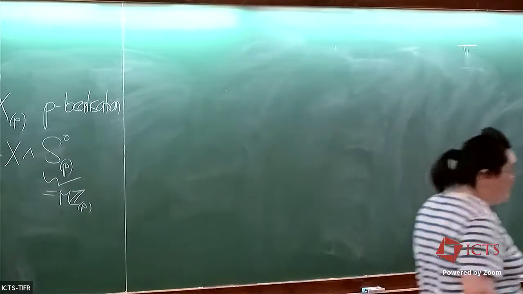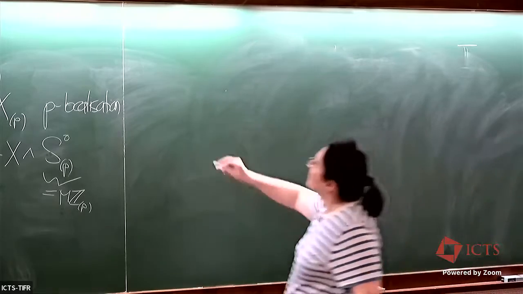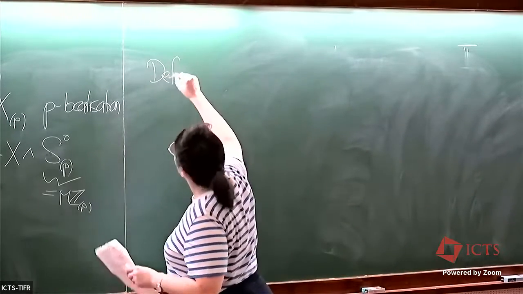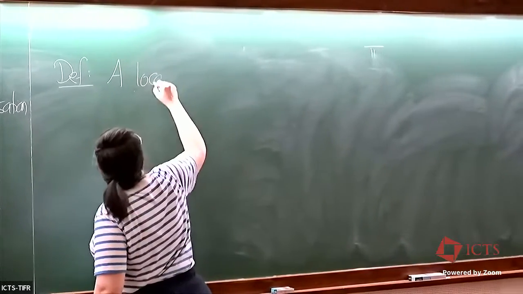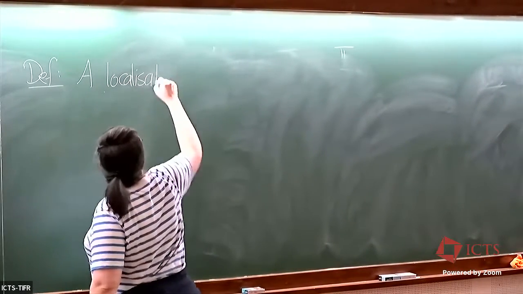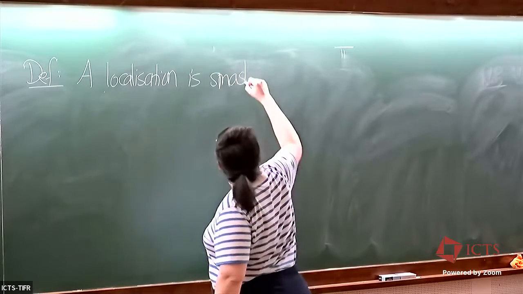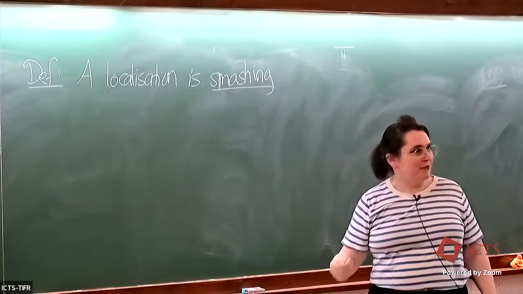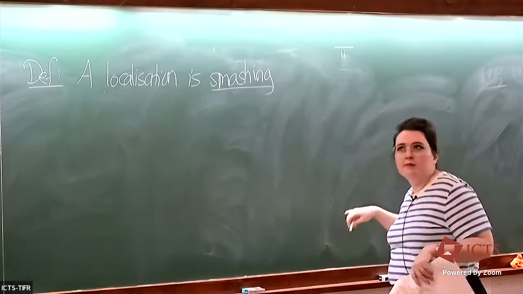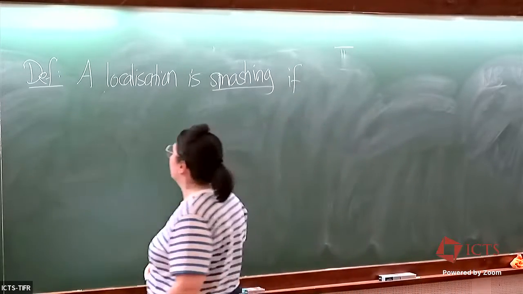So because this is very nice, it deserves its own definition. We say that a localization is smashing, which is also terrible English slang for great, if it is exactly of that form there.